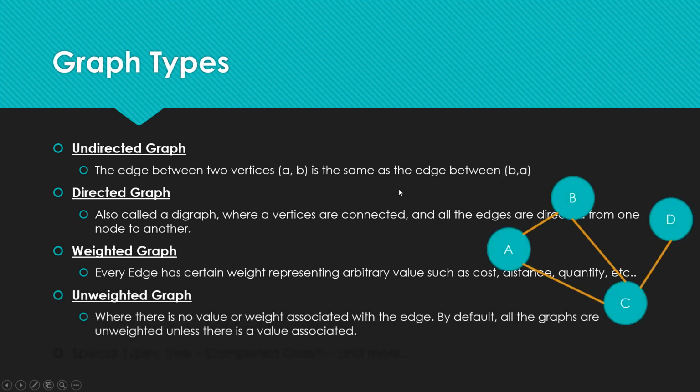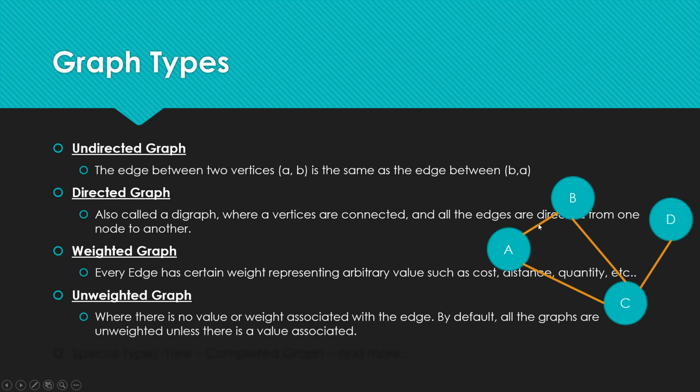For an unweighted graph, there is no value or weight associated with the edges, so by default all graphs are unweighted unless there is a value associated. You might be wondering what's the difference between unweighted and undirected. Unweighted is basically whether the length between the two vertices, which is the edge in our case, doesn't really matter, or they are the same.